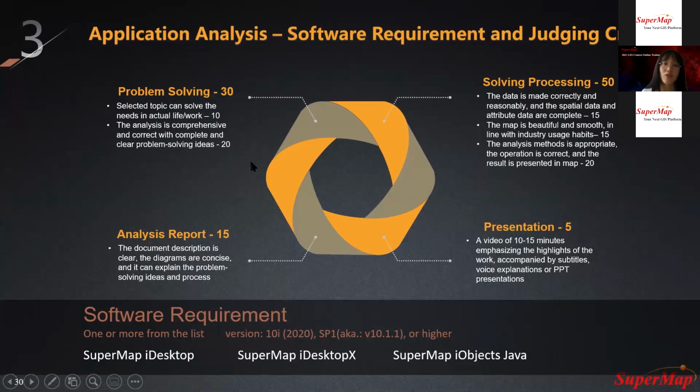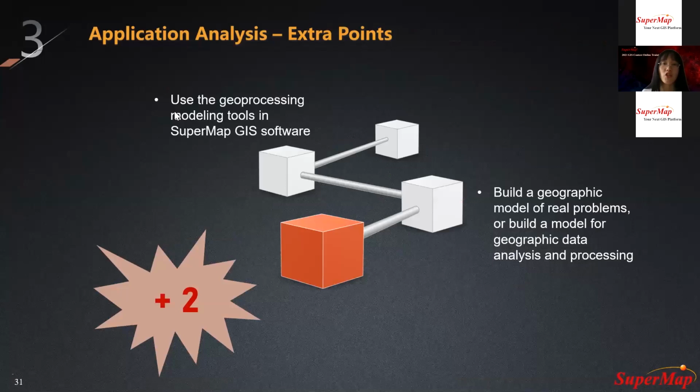You can use the geoprocessing model tools in SuperMap GIS software to build your own geographic model for your analysis or data processing, and submit the model you build with the work. And if your model works correctly, then you can earn these extra points.